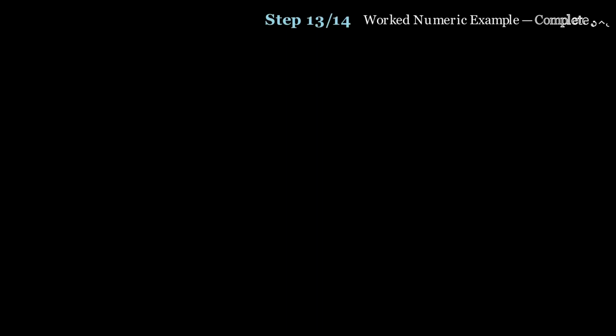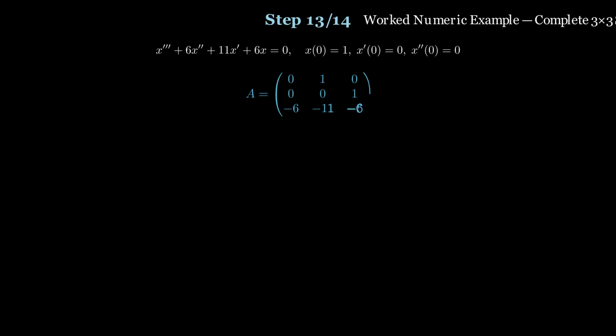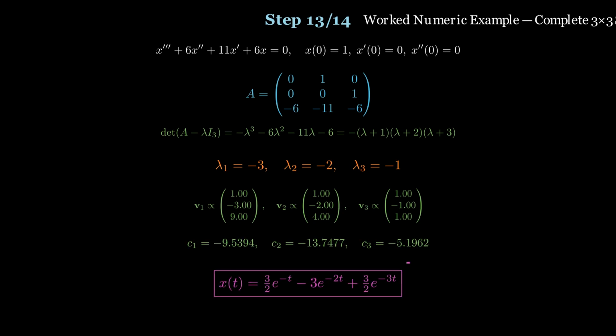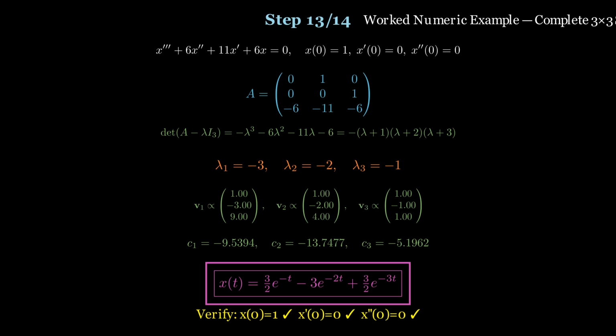Step 13. A fully worked numeric example. Consider the ODE x triple prime plus 6x double prime plus 11x prime plus 6x equals 0, with x of 0 equals 1 and both derivatives 0 at 0. The companion matrix A is 3x3 with -6, -11, -6 in the bottom row.